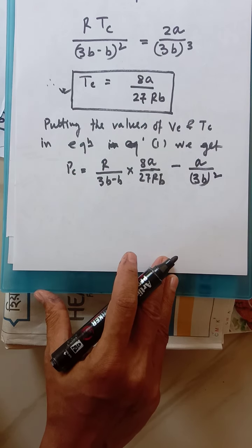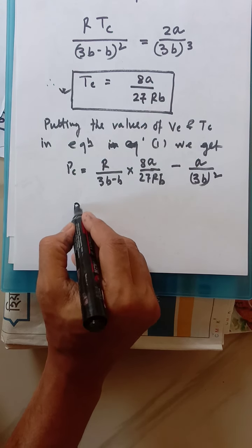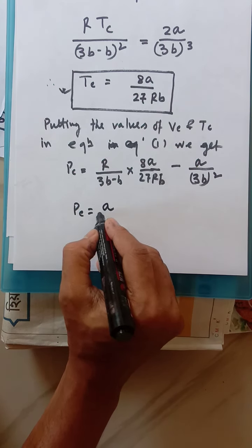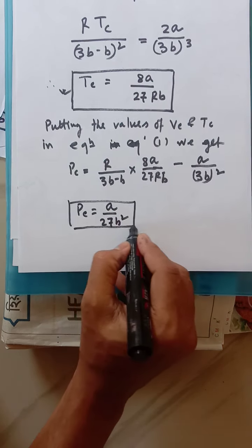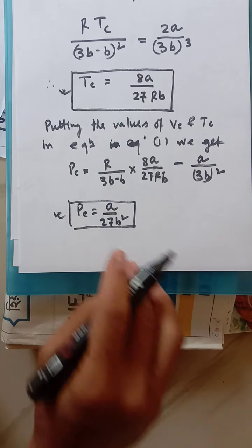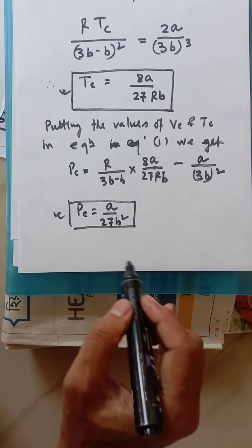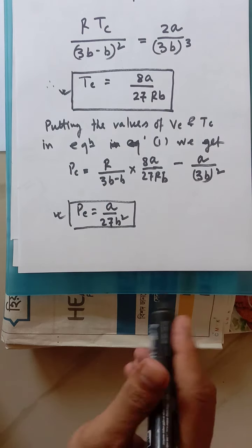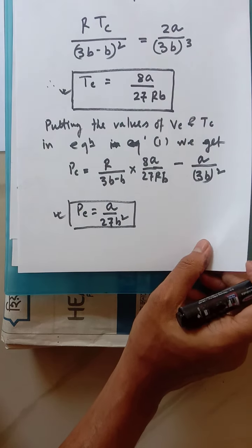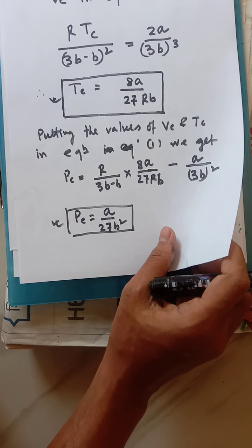By putting this value and solving, simple mathematical operation, finally we will get PC equal to A by 27B square. So this is the final expression for PC. So we have got VC as well as TC as well as PC in terms of A and B. It's very important. We hope that up to this part it is clear to all of us how we have got the TC, VC and PC values.